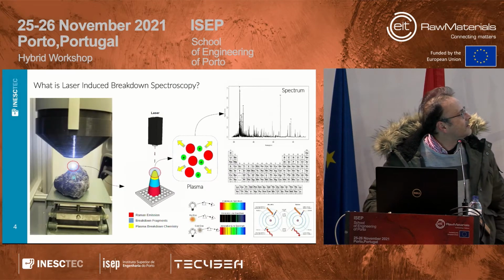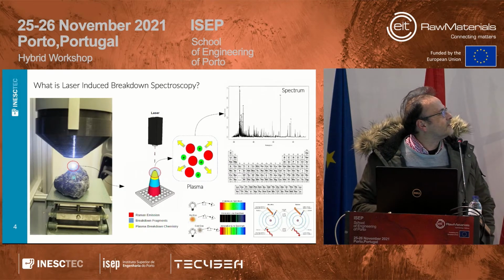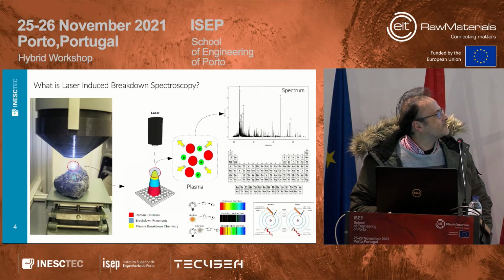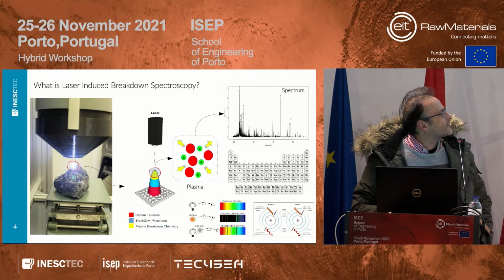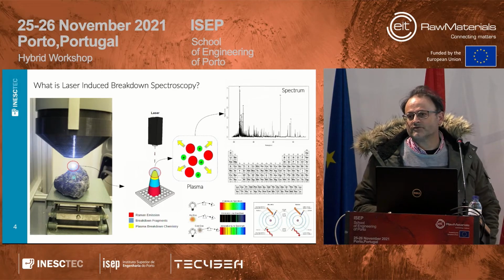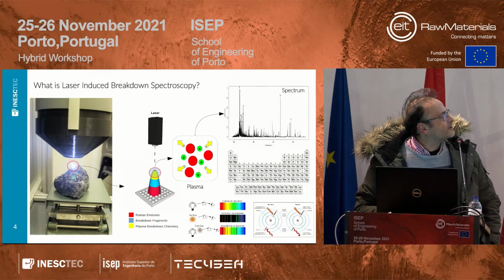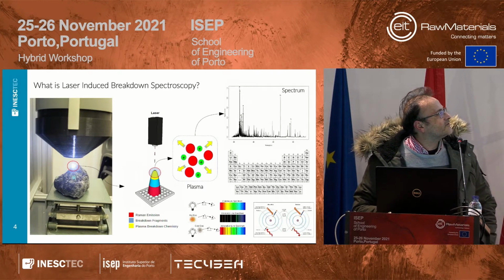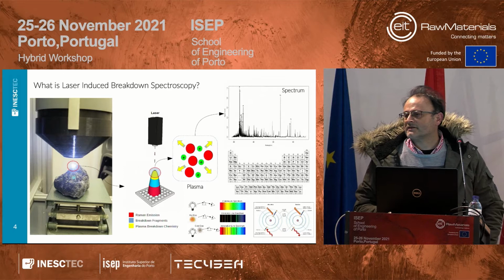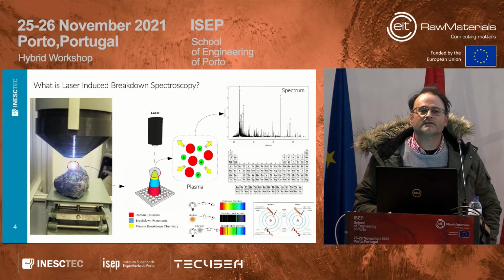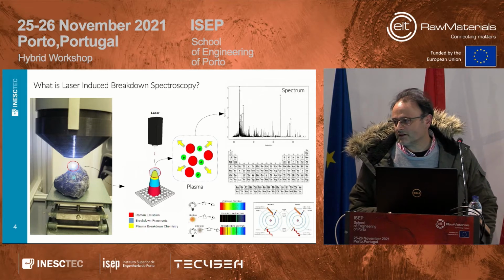So, in a very precise way, LIBS is a technique where you use a laser. This laser can be at long wavelengths, for instance in the infrared. If we use a laser in the infrared, we are using thermal excitation, which is different from using lasers with wavelengths that have the energy to make direct ionization of the elements.